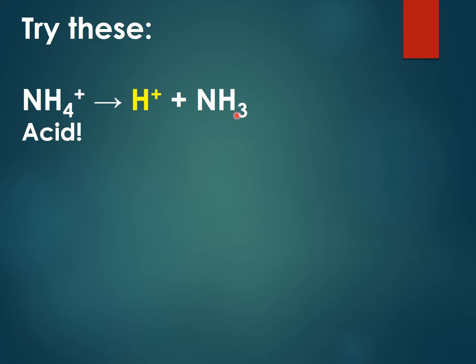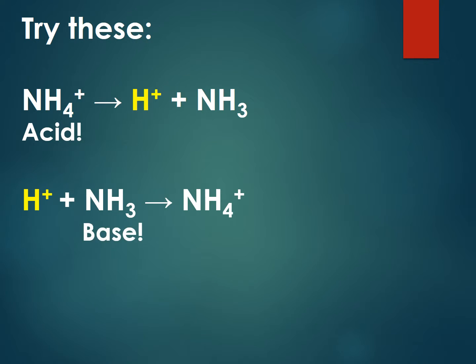Since the NH4+ is giving off hydrogen atoms, or protons, it's an acid. If we look at this, we have hydrogen ions combining with NH3 to make NH4+ ions, which makes the NH3 a base.